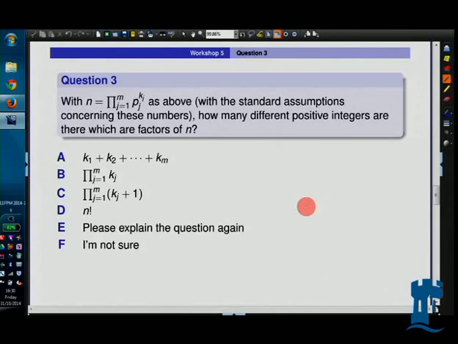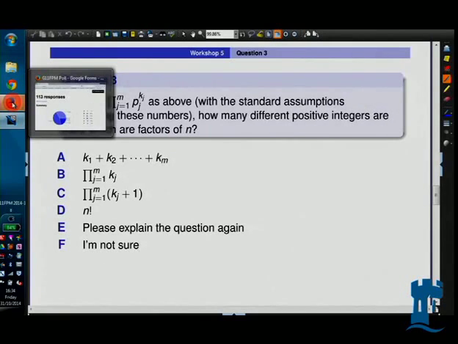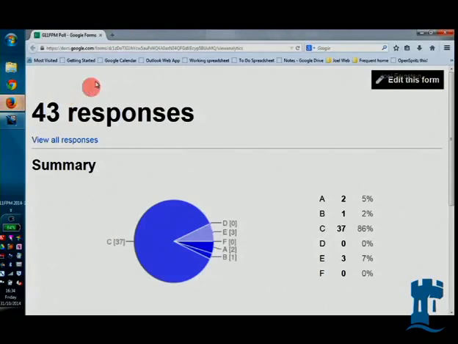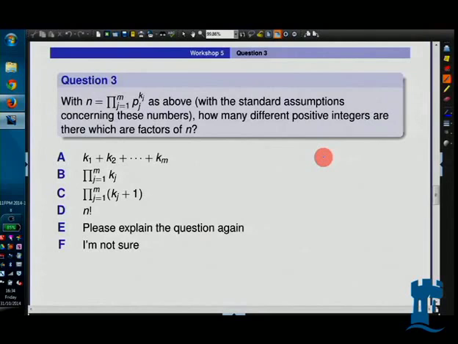Okay, let's see if you can fit the formula to your previous calculation. If you haven't voted yet, then it's your last chance. Okay, so majority in favour of C, which is correct.